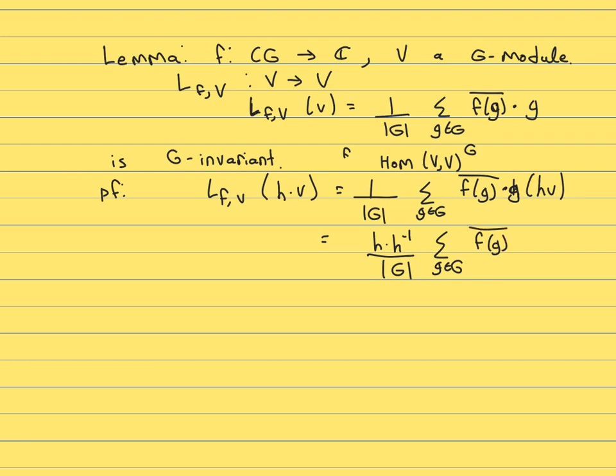Remember, f(g) bar is in fact a number. Here we're dealing with the group action, so I can replace g of hv with ghv. We can bring this h inverse past the scalar, and we get h inverse here.